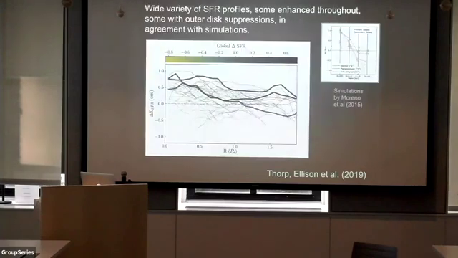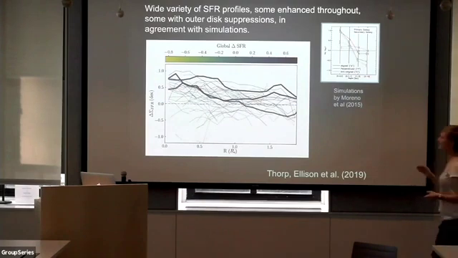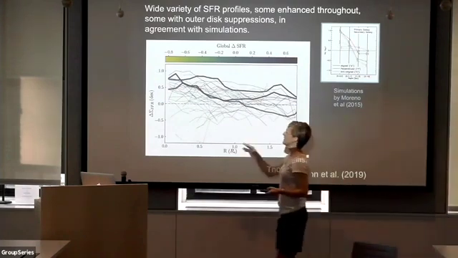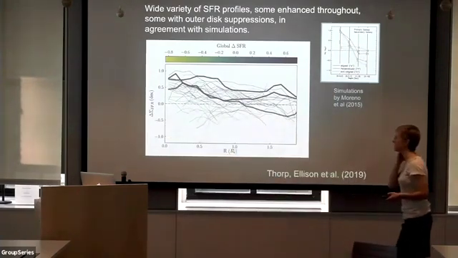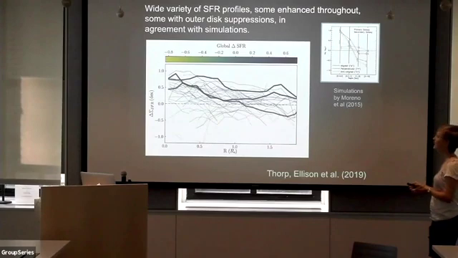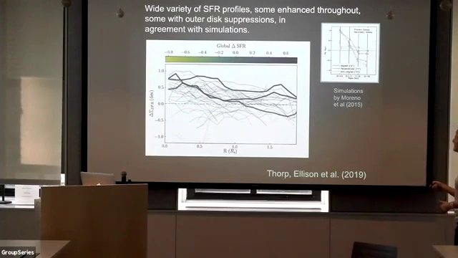So for the star formation rate, here are the individual profiles. Each line here is an individual post-merger's profile in this change in the star formation rate as a function of its effective radius. And the 3 bolded lines are the 3 example galaxies that were on the previous slide, chosen partly to show you some of the diversity in the sample.